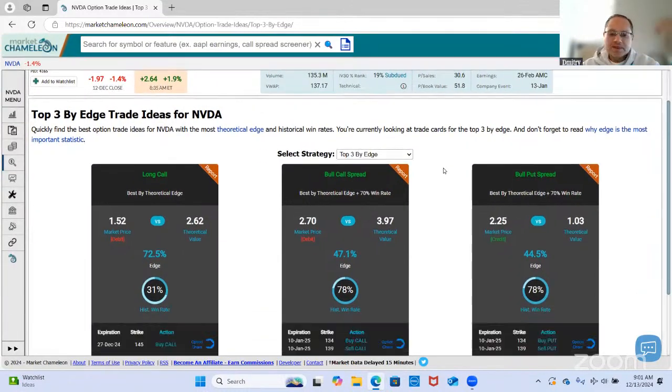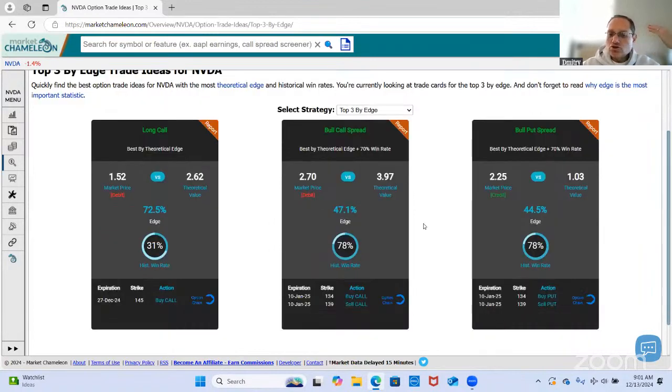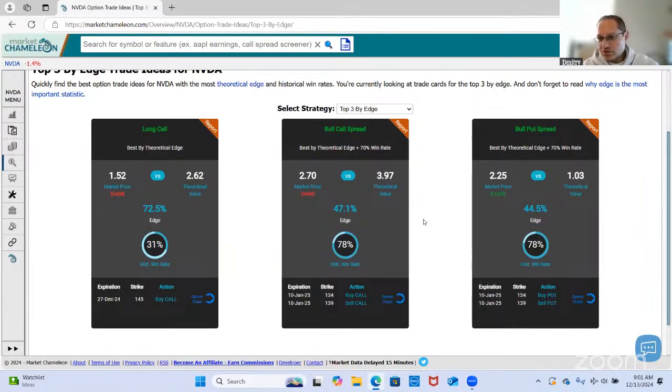What this page does is use a scan with predefined conditions to look for trade ideas, different types of strategies that have a historical statistical edge. It's looking for certain conditions that are preset in our screeners, and these could be different types of strategies.